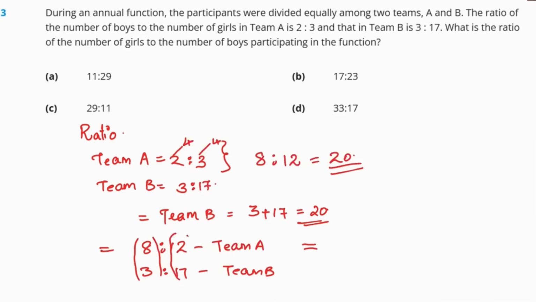The number of girls is 12 plus 17, which is 29. So 11 is to 29 is boys to girls. But in this question they are asking for the number of girls to the number of boys, so the ratio will be 29 is to 11. So the correct option is option C, 29 is to 11.